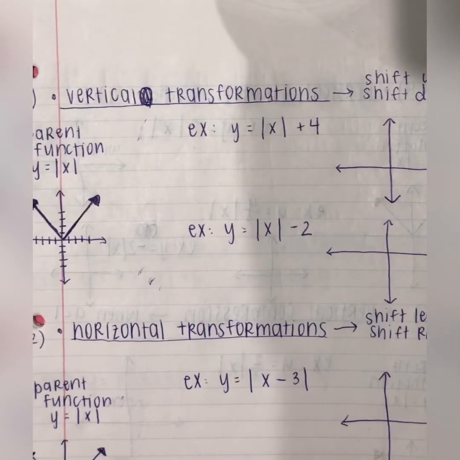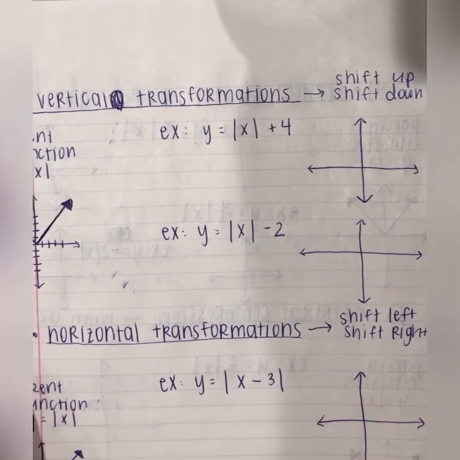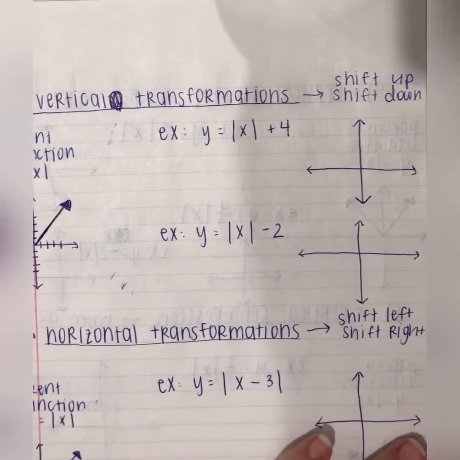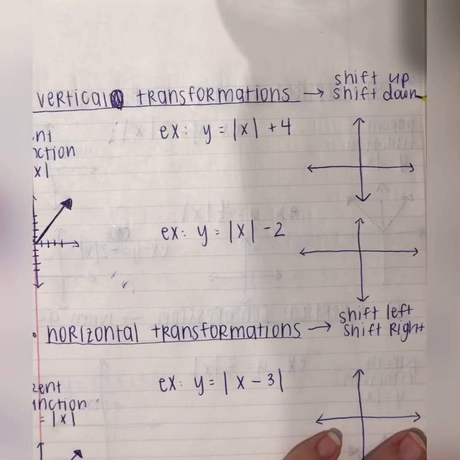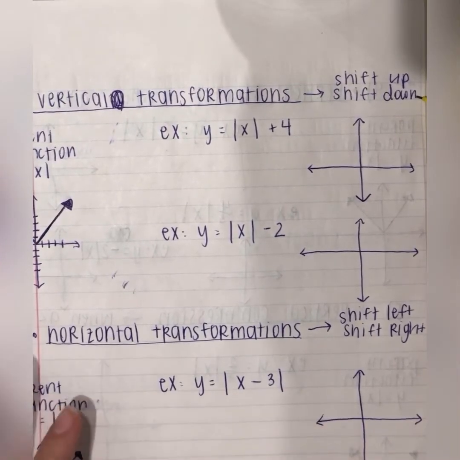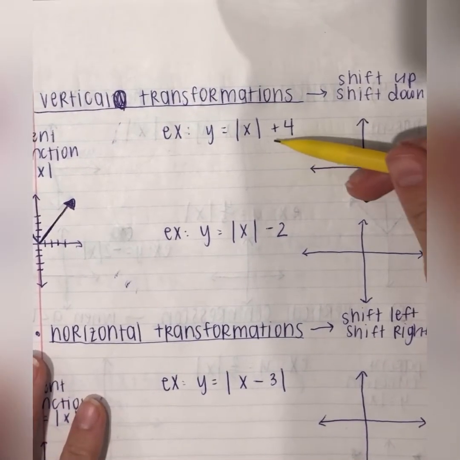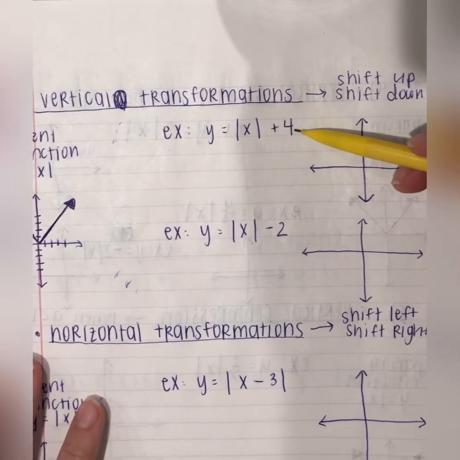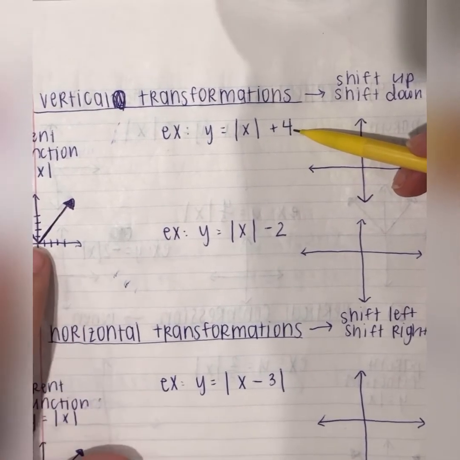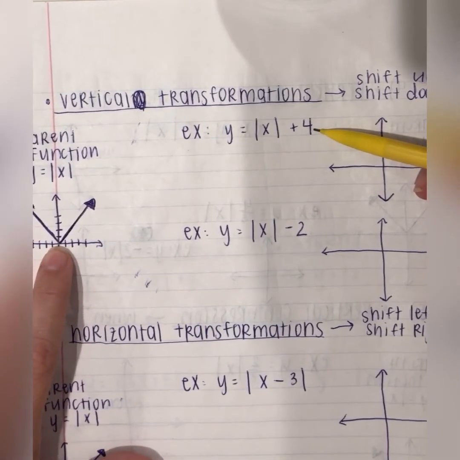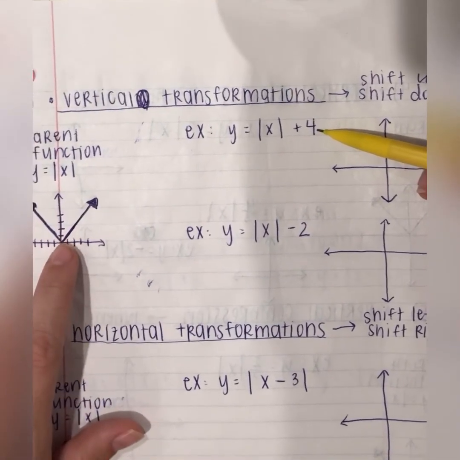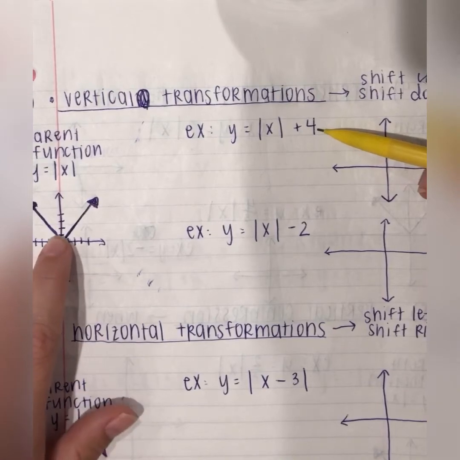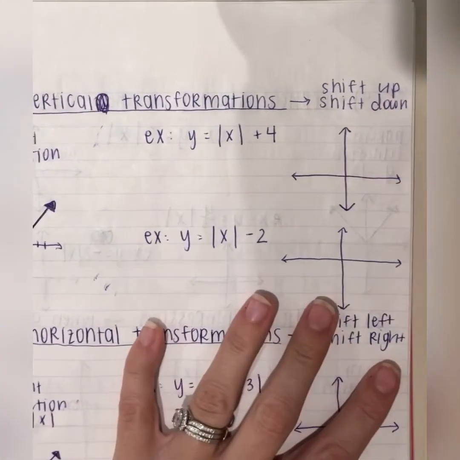All right, the first one we're going to talk about are vertical transformations, where your function is shifted up or it's shifted down, okay? So one example would be y equals absolute value of x plus 4. It's a positive 4, which means we're shifting our parent function up 4 units, okay?